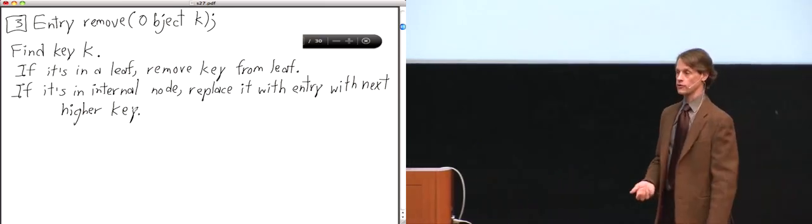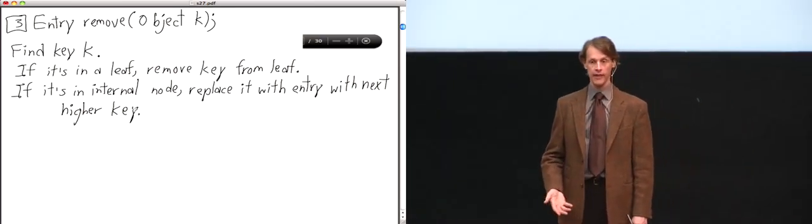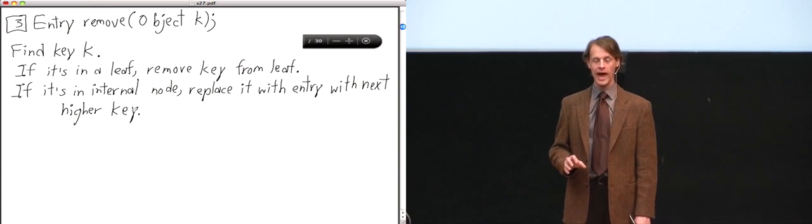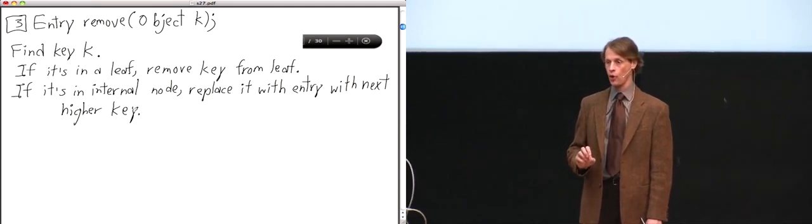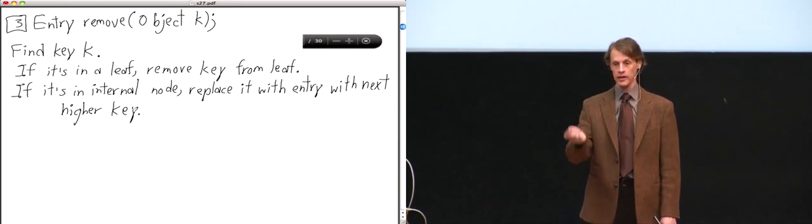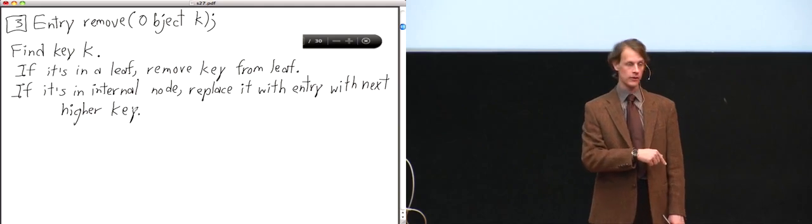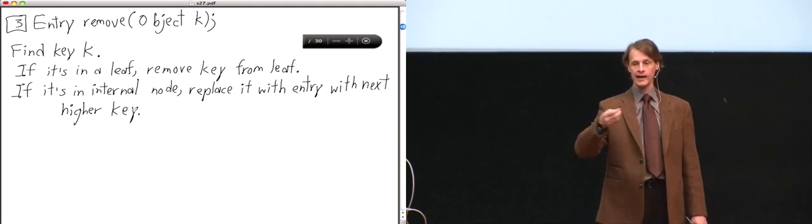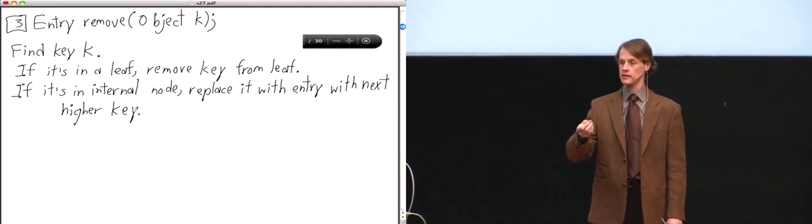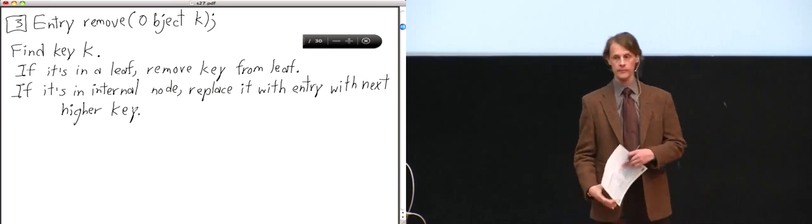So a 2-3-4 tree is just like a binary search tree in that you cannot remove an internal node from the tree, but what you can do if you want to remove a key that's in an internal node is go find a key in a leaf node that you can remove and then move that key up to replace the key in the internal node.